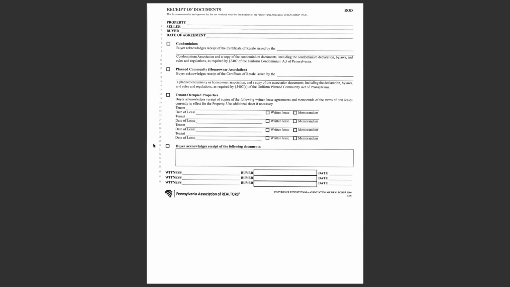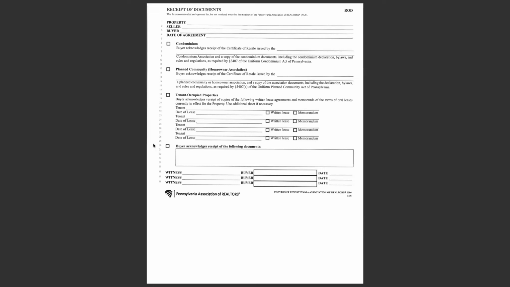When you get that paperwork, your buyer has to sign that they received the documents. There is a specific allotted time in the agreement of sale that the buyer has to review the condo docs and or the homeowner association docs. How do we know when the clock starts ticking?